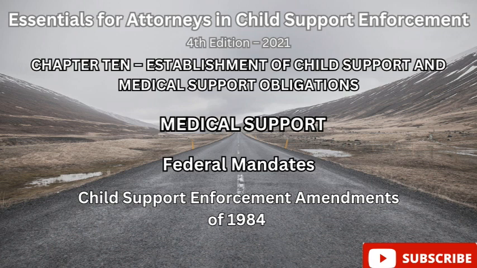Child Support Performance and Incentive Act of 1998. In 1998, Congress passed the Child Support Performance and Incentive Act of 1998 (CSPIA), which contained provisions to eliminate further barriers to establishing and enforcing medical support coverage.